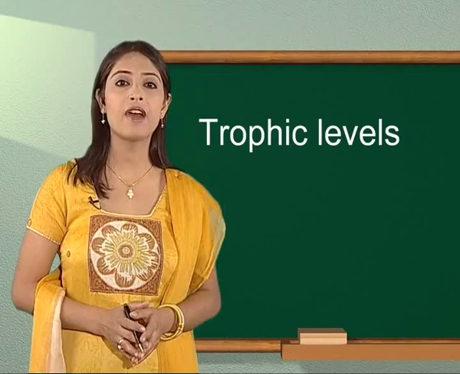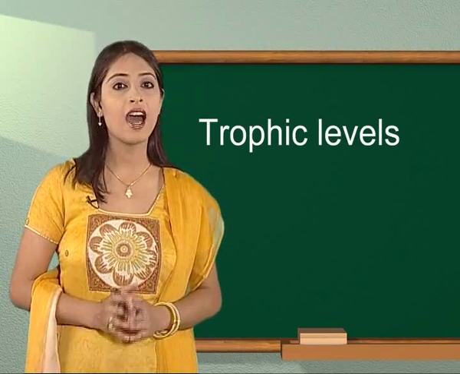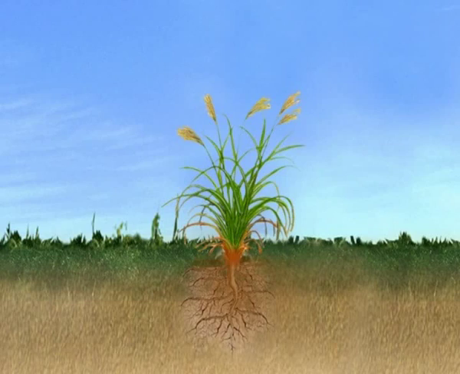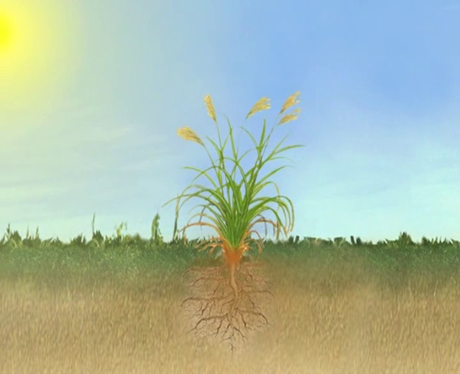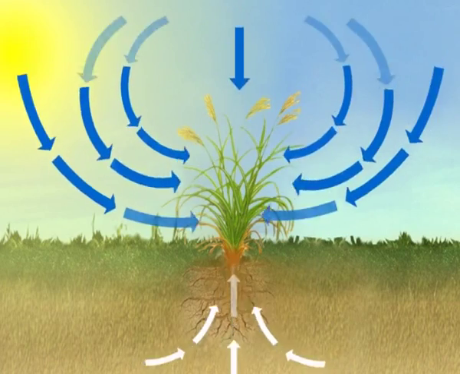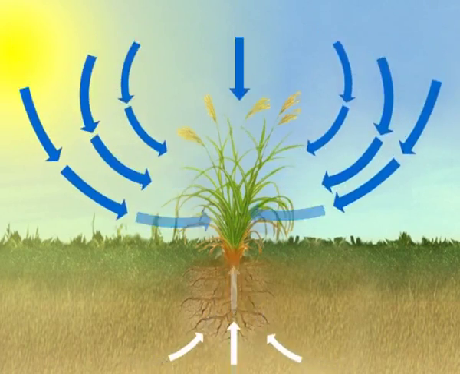Now let us clarify the difference between producers, herbivores, carnivores and decomposers. We all are familiar with the green plants. These green plants fix up the solar energy and prepare the food with the help of soil nutrients, water and carbon dioxide.